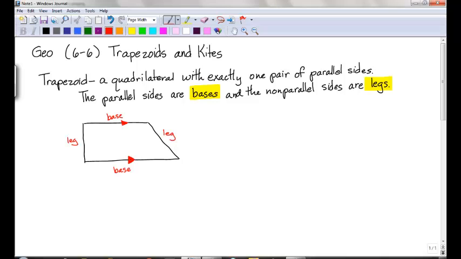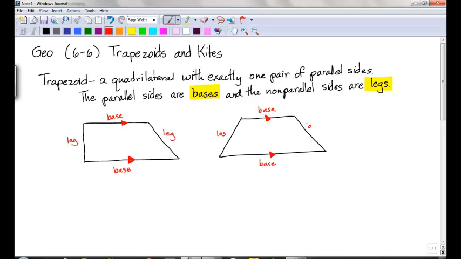Another example might look like this, with this side parallel to this side. There's only one pair of parallel sides in a trapezoid. This would be a base, this would be a base, and these are legs.